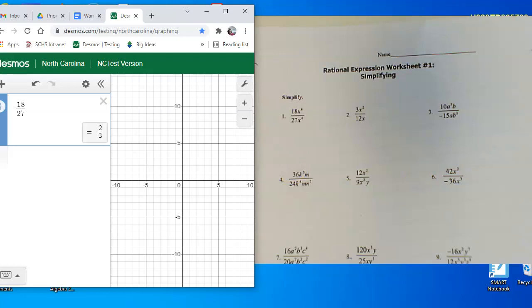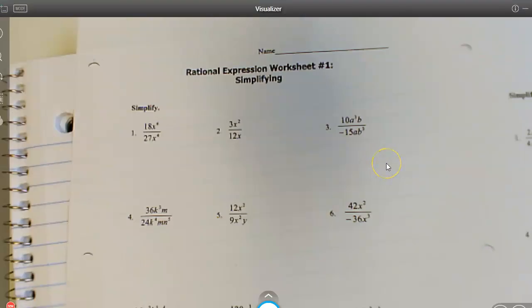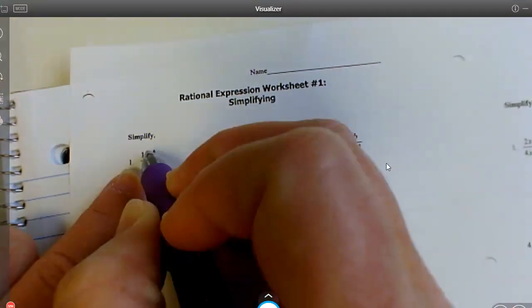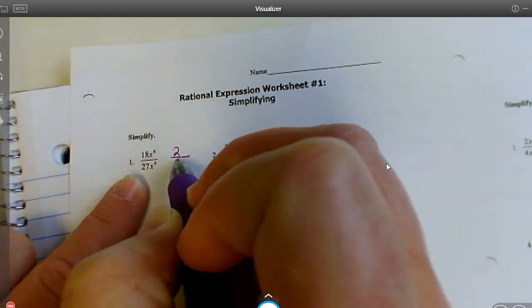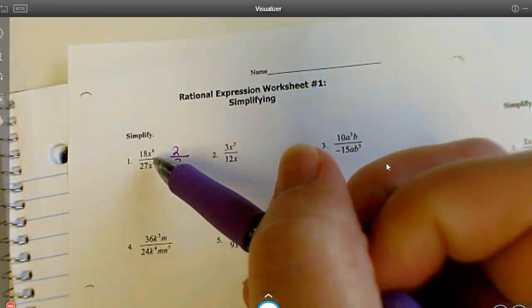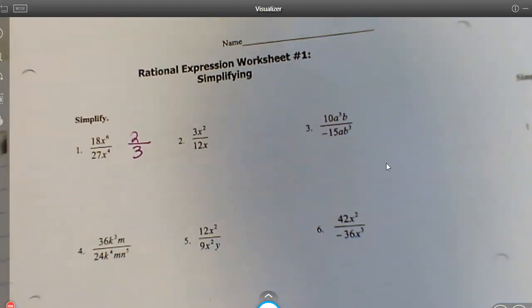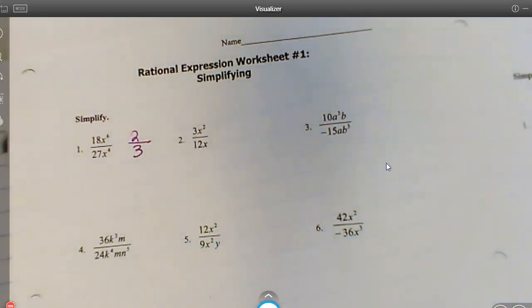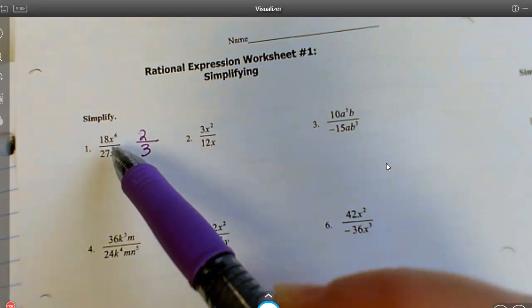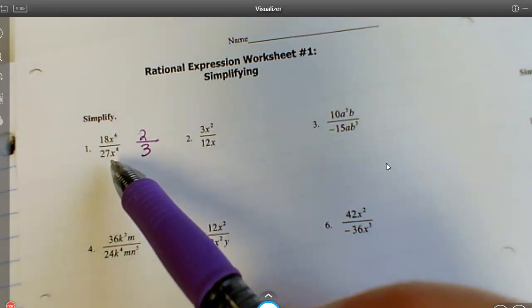Okay? Now, that doesn't work for the powers, it only works for the numbers. So when I divide the 18 and 27, I do get 2 over 3. Now let's look at the x's. I've got 6 x's on top and 4 on the bottom. When I think of dividing, I think of subtracting off whatever I can. So I can subtract off 4 of them.